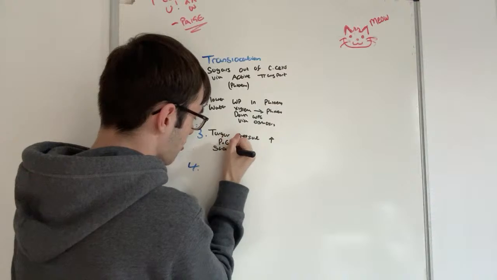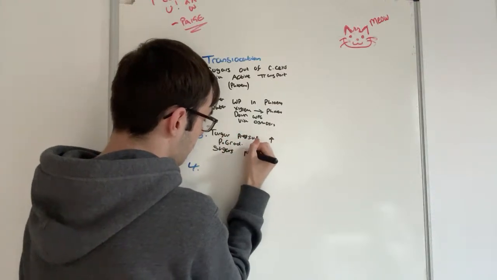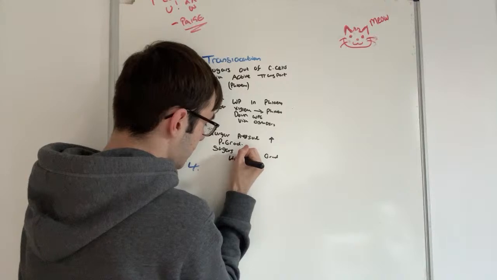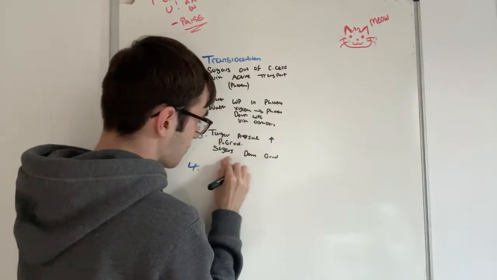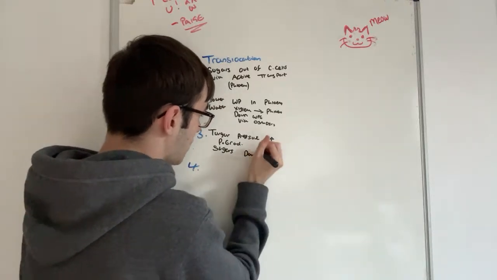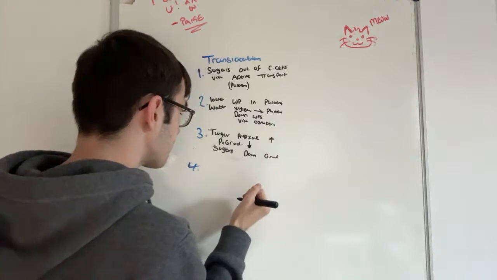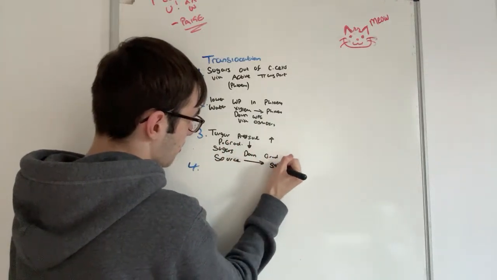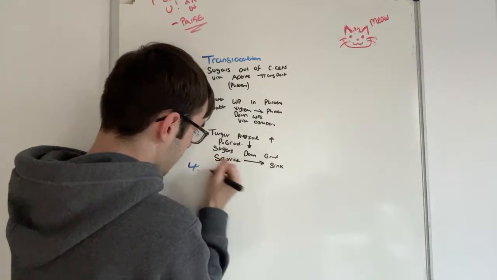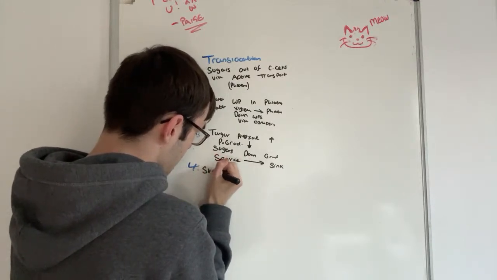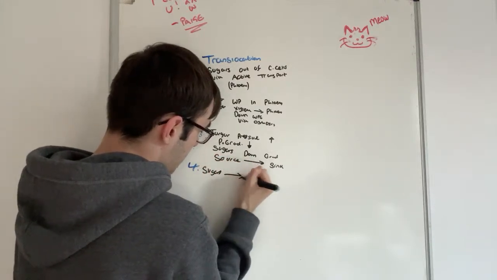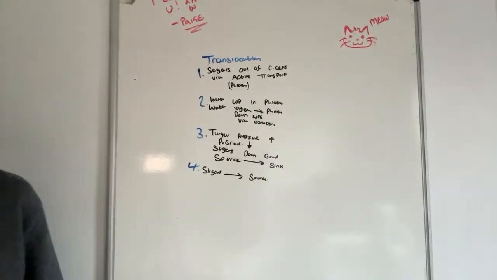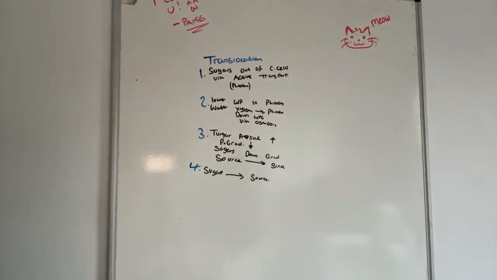So the sugars are going to move down the pressure gradient from the source to the sink, where they are then going to be used. So let's take a look.